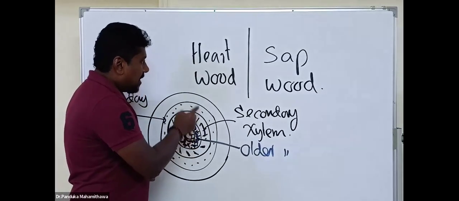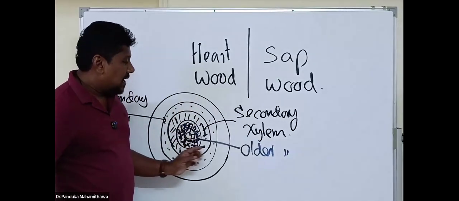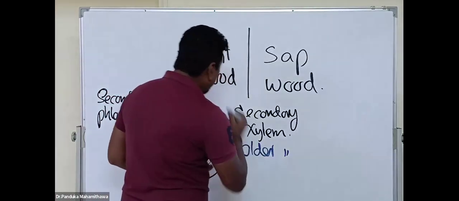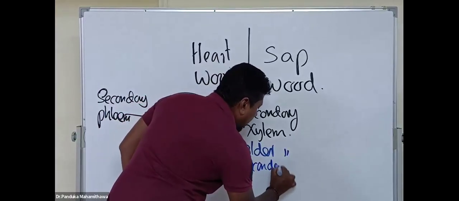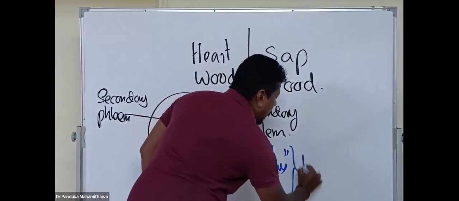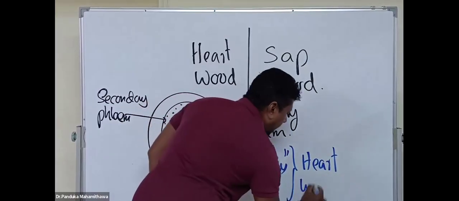Therefore, this older part of the secondary xylem is called the heartwood.